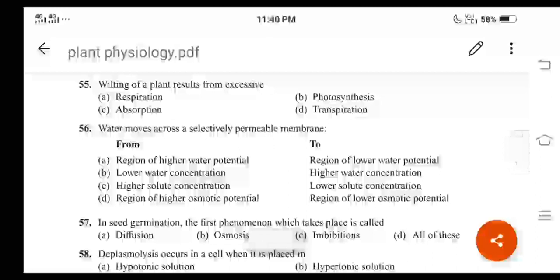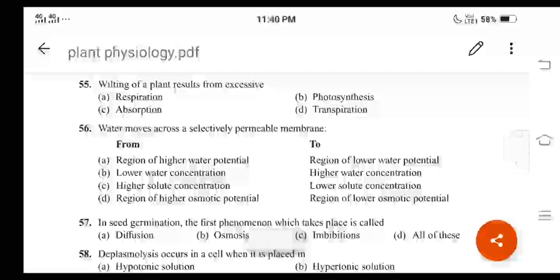Then let us go for question number 56. Water moves across a selectively permeable membrane. What they have mentioned here is from, to.